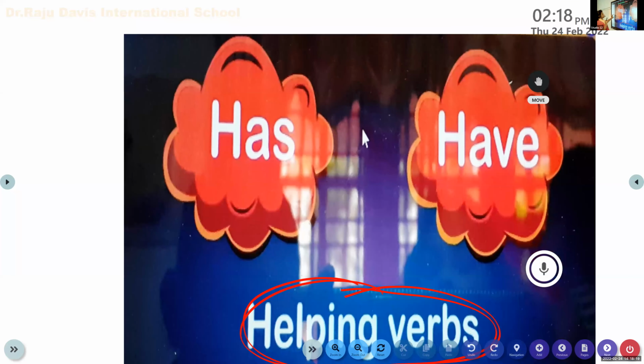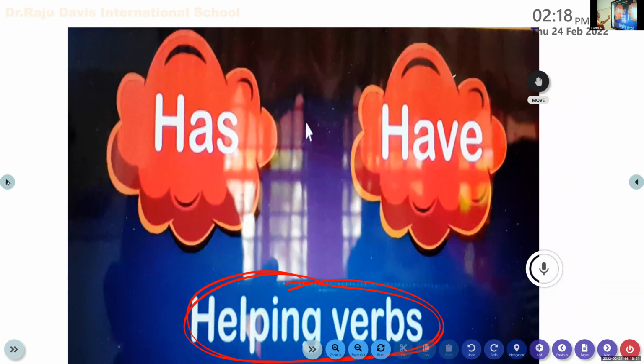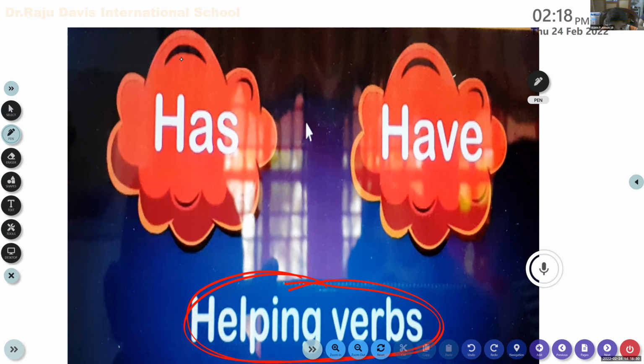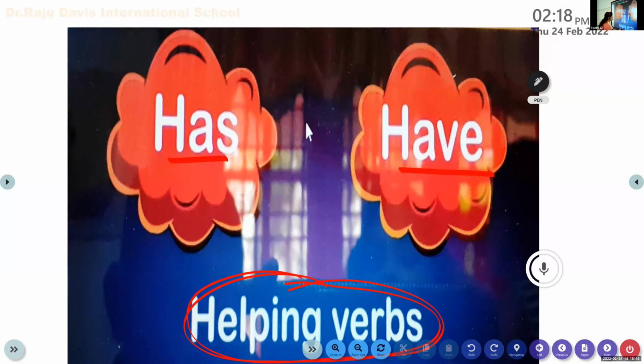So in today's class, let's learn about the usage of has and have. Clear? Okay. All of you, please listen. Has and have are also called helping verbs.